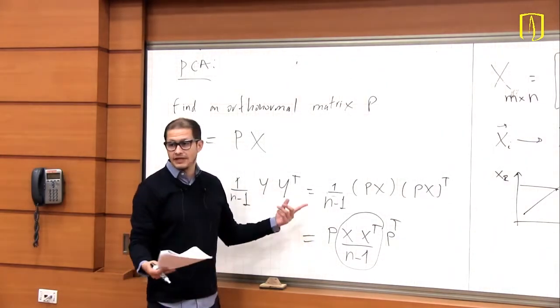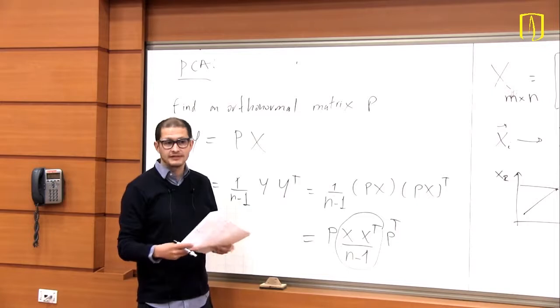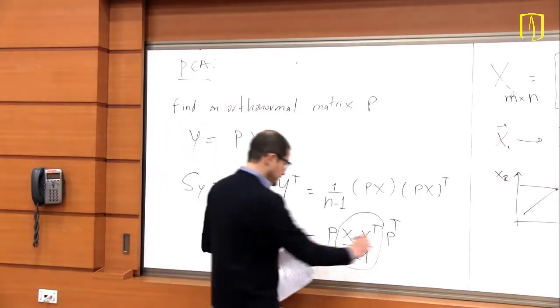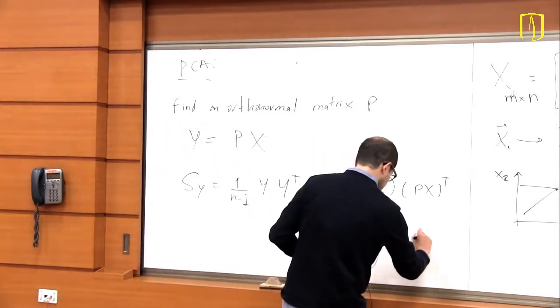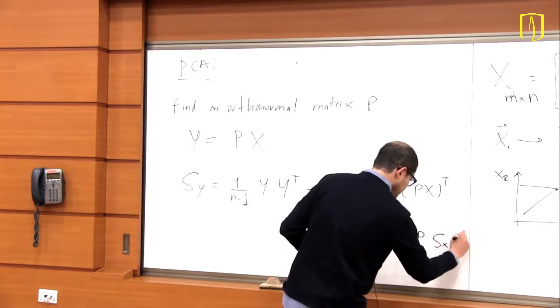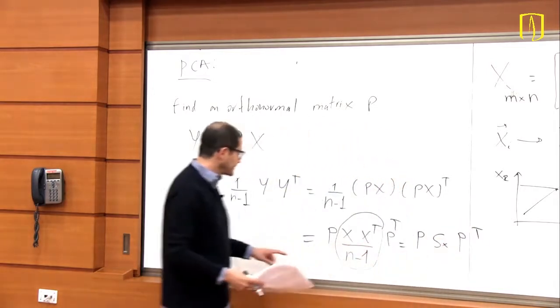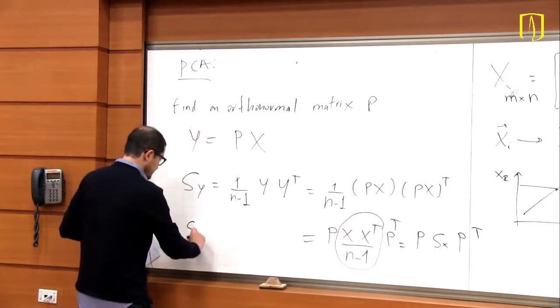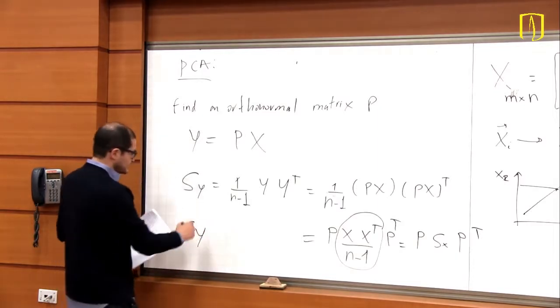The original correlation covariance matrix, okay? So it's P S_X P transpose, and this is S_Y.